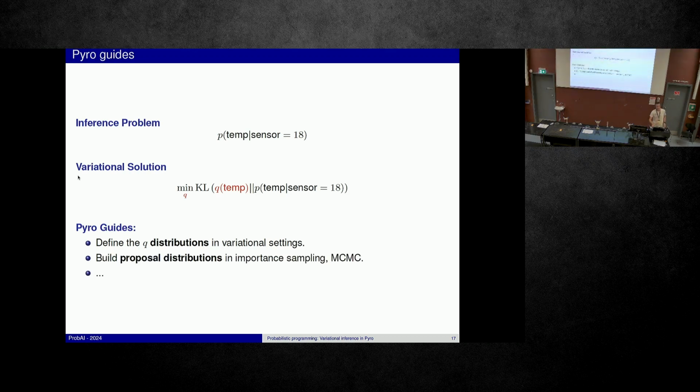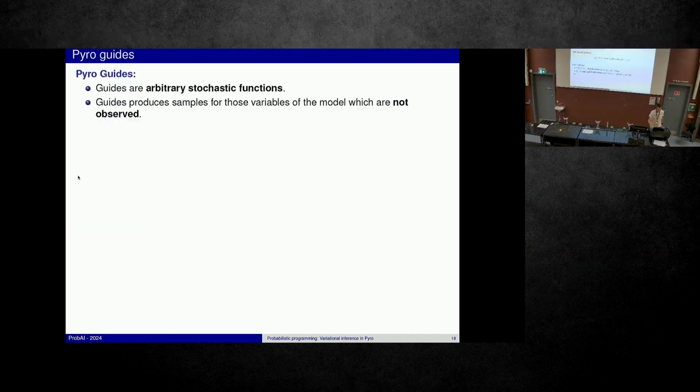By the way, they can also be used for other things within Pyro, such as importance sampling and MCMC and so forth. So what we're talking about now is a bit more general than just the variational component.